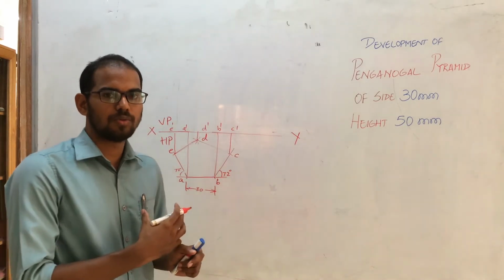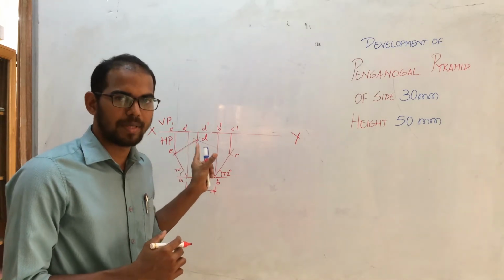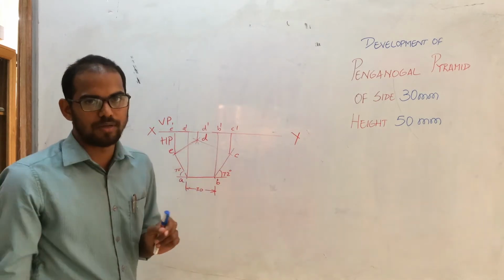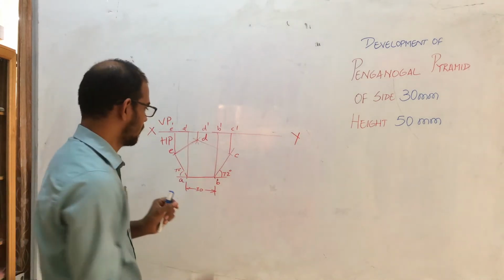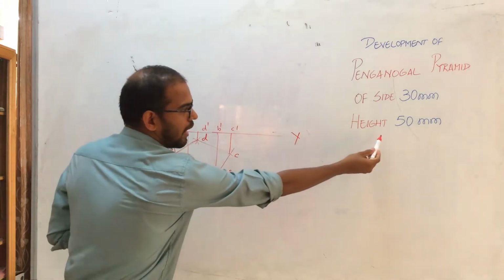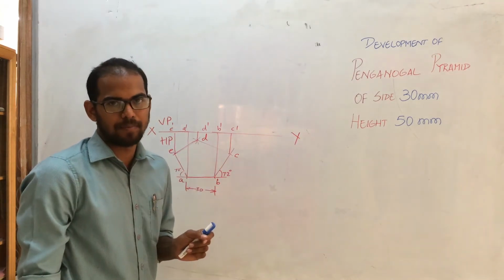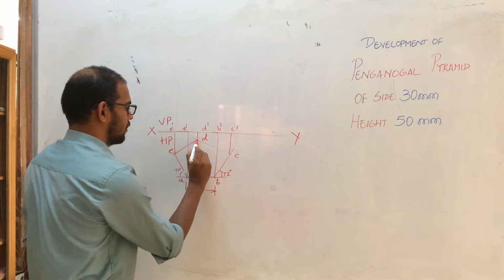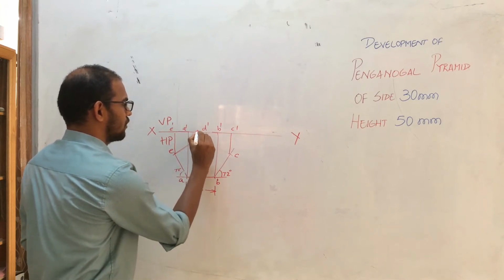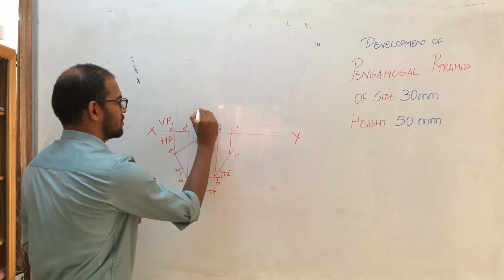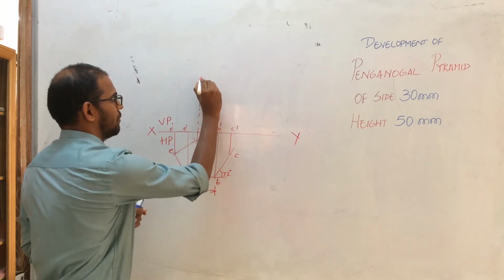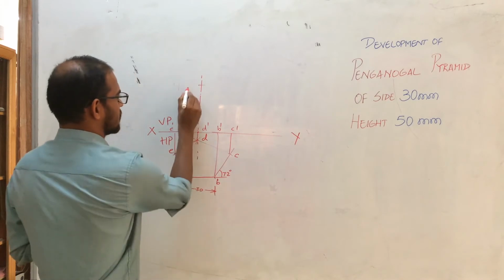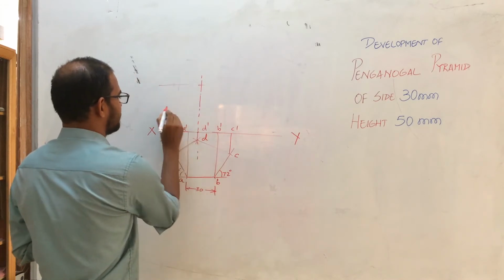As I told you, this is a pentagonal pyramid. All points must meet at a single point, which is called the apex. Now the height of this pyramid is 50 mm. So we have to draw one vertical line from this point, which is the axis of this pyramid. Mark at 50 mm because the height of this pyramid is 50 mm.